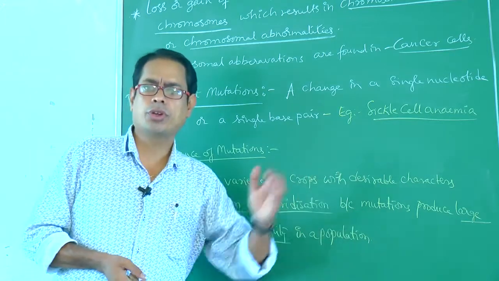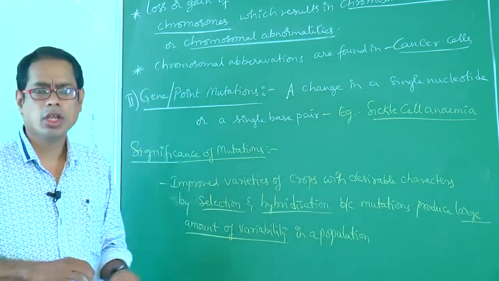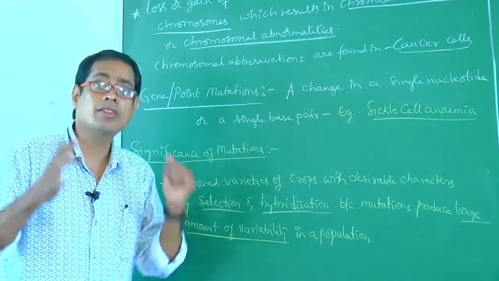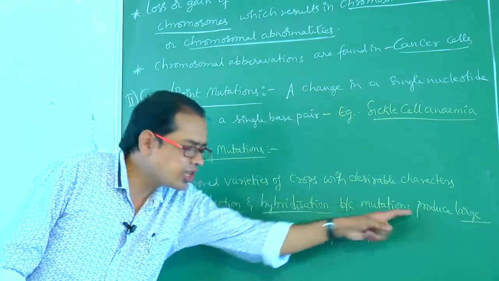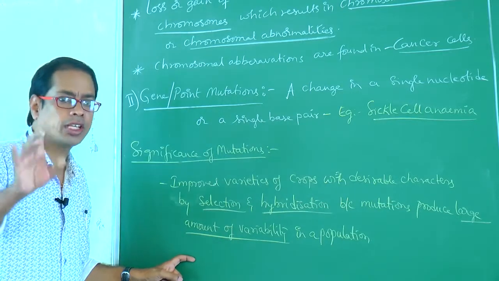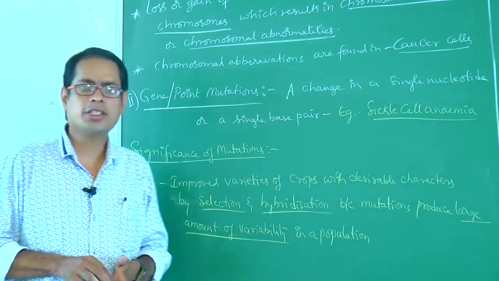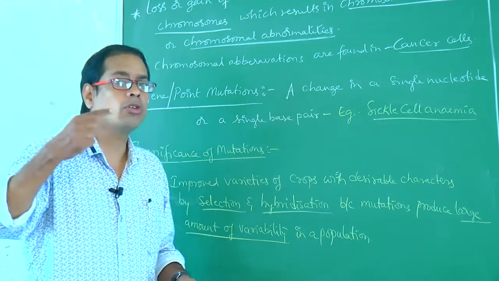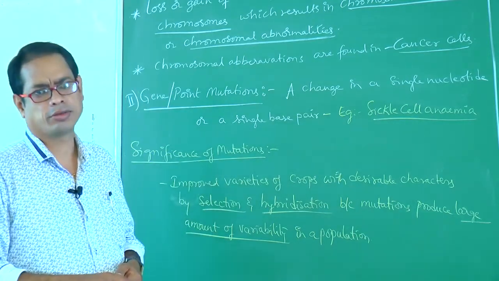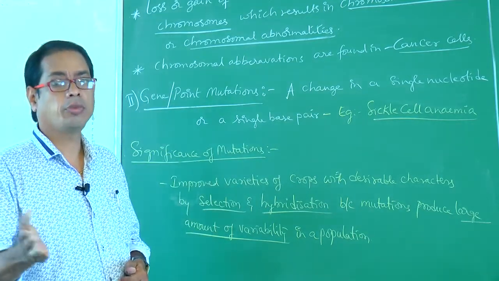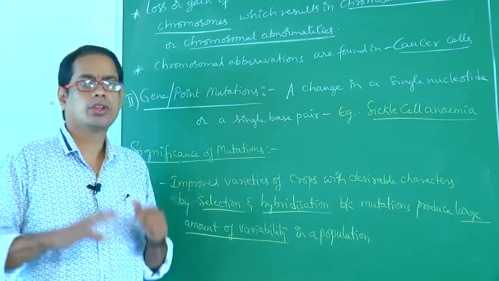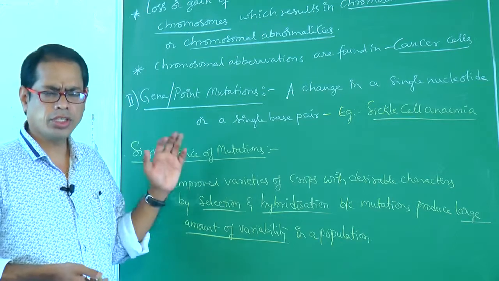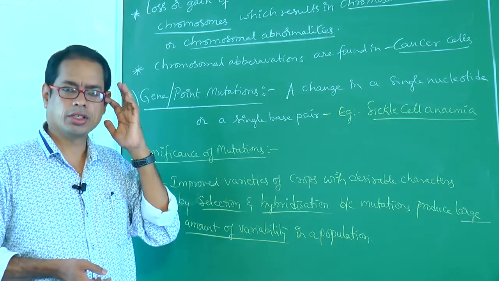Mutations can produce a small amount of variations or a large amount of variations. Mutations can produce a large amount of variations in a population. Don't say a small amount of variations. Because in mutations, a large amount of variations is produced, that's why mutations are used.